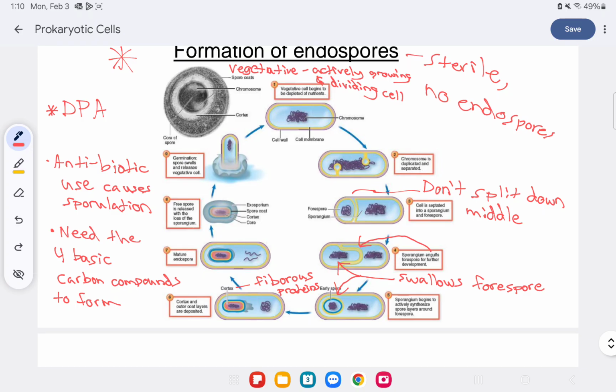An autoclave is sort of a cross between an oven and a pressure cooker. So it raises the temperature a lot and puts it under 15 pounds of pressure. We're experiencing 1 right now, so 15 pounds of pressure is enough to burst through that spore coat.